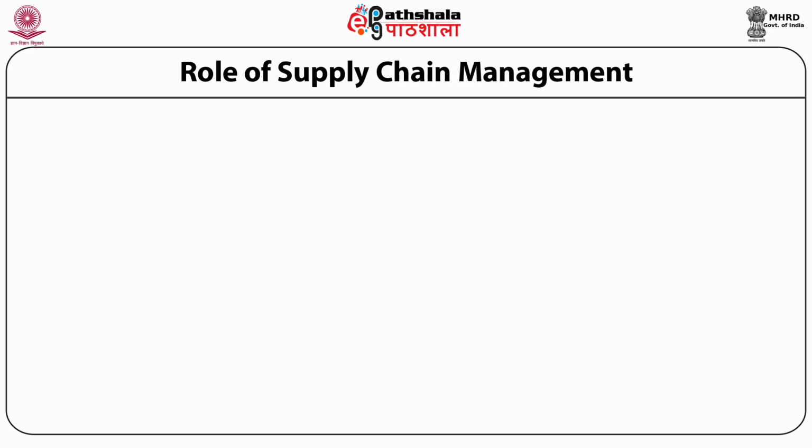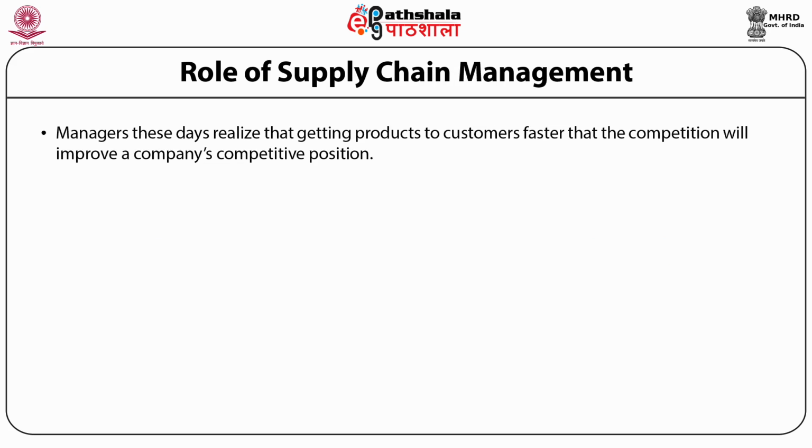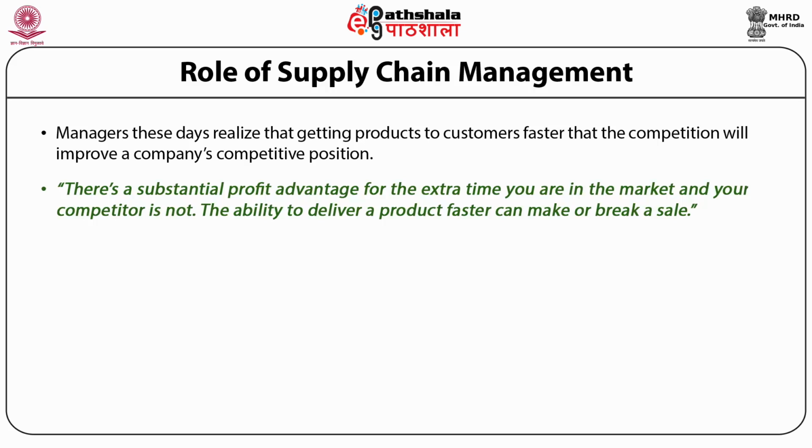Let us further understand the role of supply chain management. Managers these days realize that getting products to customers faster than the competitor will improve a company's competitive position. There's a substantial profit advantage for the extra time you are in the market and your competitor is not. The ability to deliver a product faster can make or break a sale.